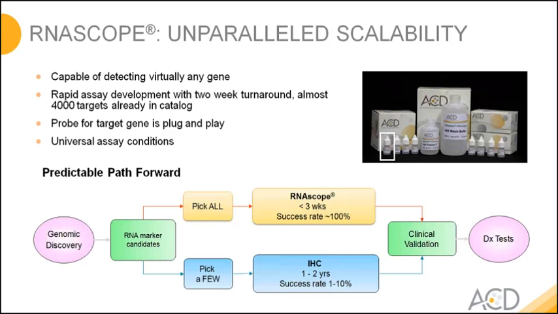It's always the same. The only thing that changes is the bottle boxed in white here in the image. That's the bottle with the probe. This is the only variable in the assay. This means you very rapidly can go through a candidate list of markers. And we have exactly done this in a project together with Dr.